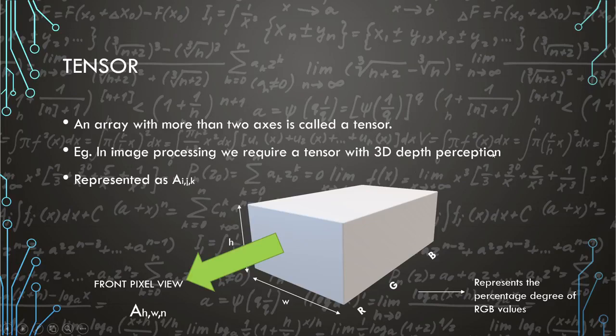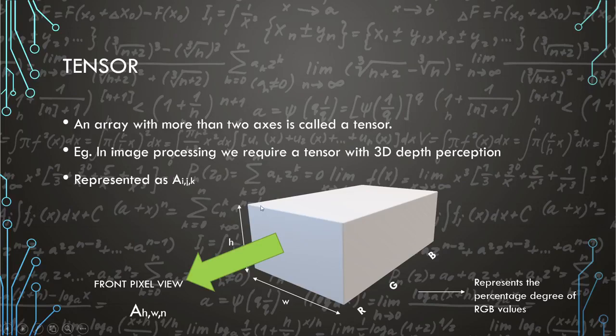To understand, you must first know that image processing is an important aspect of machine learning, image recognition. In those areas we generally use this tensor. So we will understand what actually happens in that.